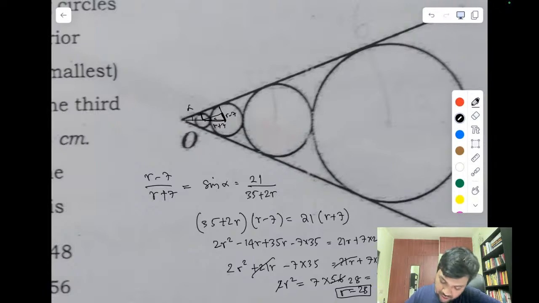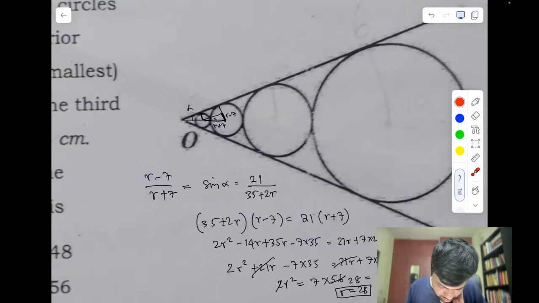So what? Something's wrong, no? R is 28 is certainly wrong because it's already 28, no? I think there should be another answer actually. I made a mistake.